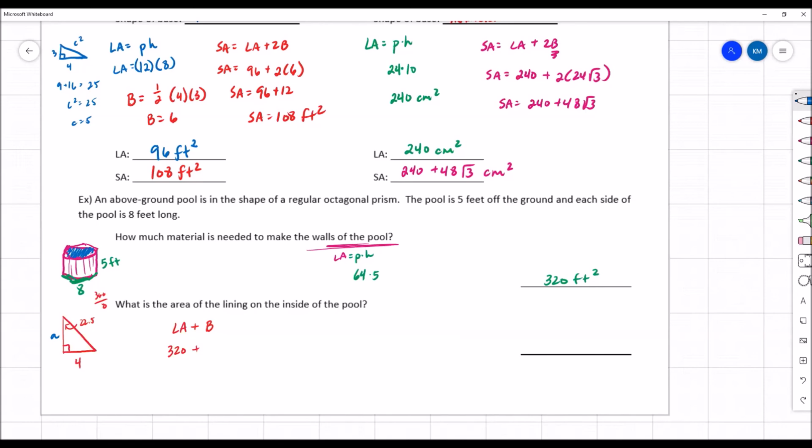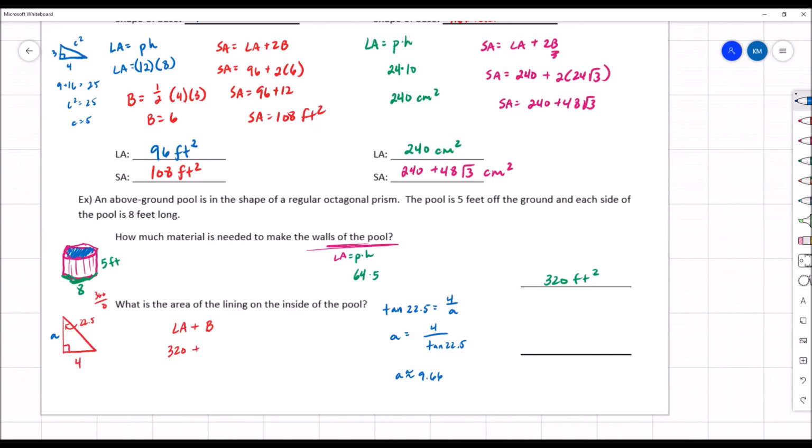So to find this apothem, tangent 22.5 equals the opposite over the adjacent. So the apothem will equal 4 divided by tangent 22.5. We could write that as a value, like 9.66 or something like that, but I would rather keep it in our calculator as 4 over tangent 22.5 for as long as possible. So that's what we're going to do.